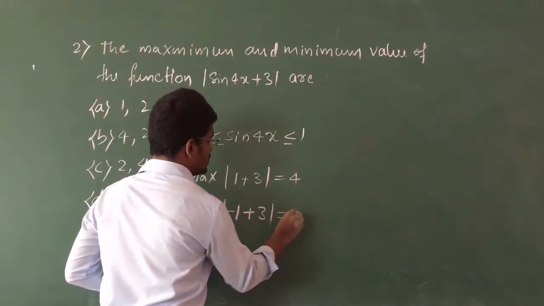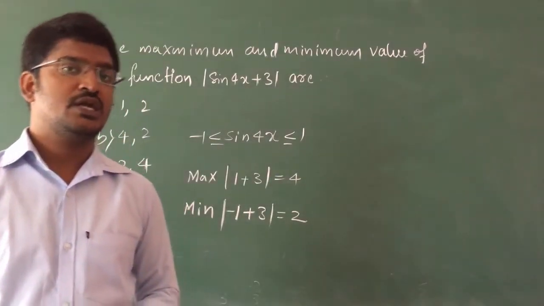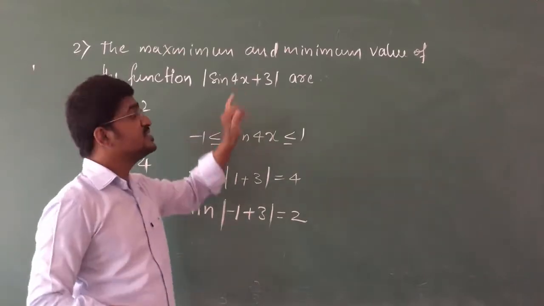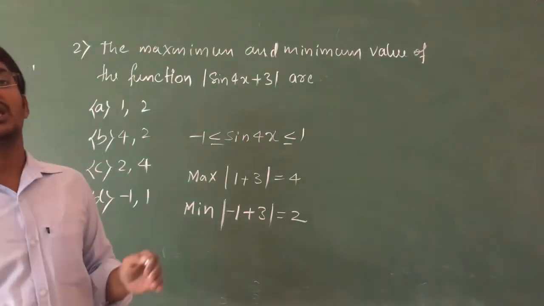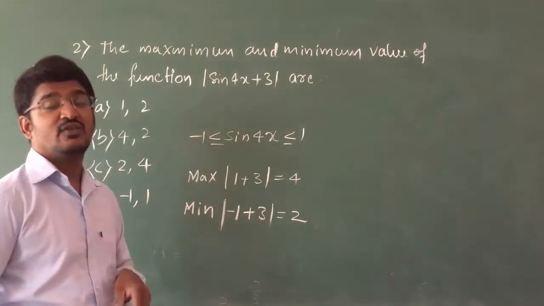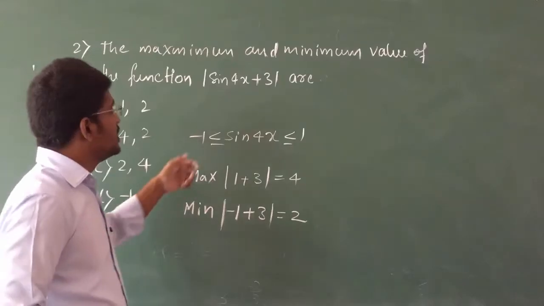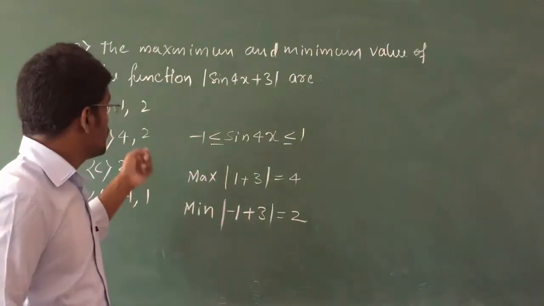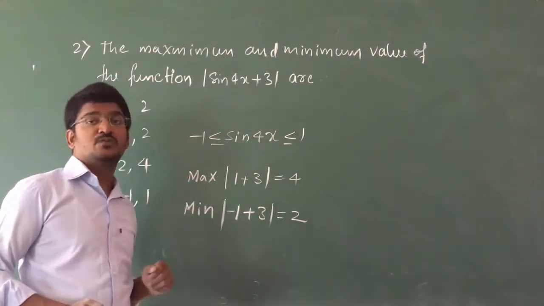Here it is 4, here it is 2. How simple this problem is, but some students will get confused by seeing the mod function, where it is not differentiable. Then how to solve this? They will get confused and they will not answer this question. But you know the sine function range. Using that range from minus 1 to plus 1, minimum is minus 1, maximum is plus 1.